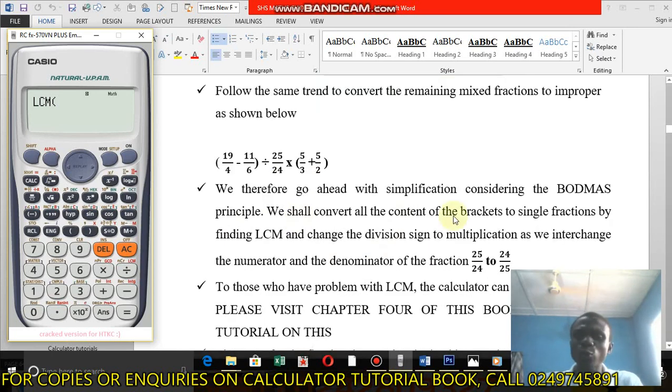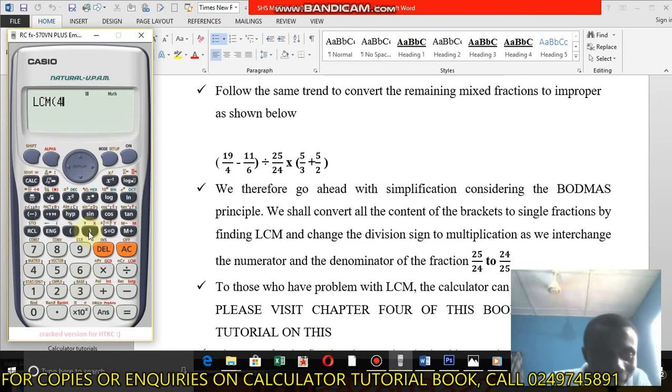When you go through the steps, the calculator book is giving you the steps to do everything. So you just go through the steps. We find the LCM for 4 and 6; the calculator can do that in two ways. For those with the LCM directly on the calculator, after pressing alpha and the division sign, the LCM appears. LCM for what? The first one is 4. You press comma.